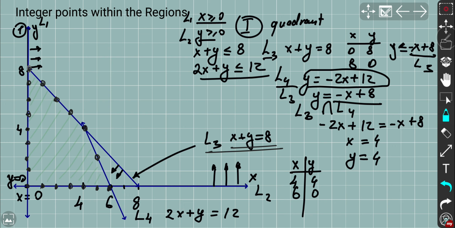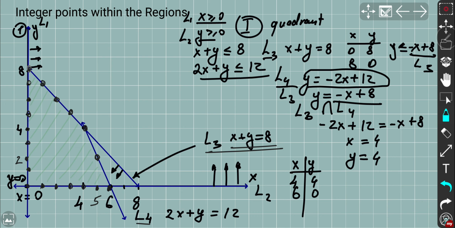You can check whether this point adheres to line 4 or not. You can simply plug in x equals 5 and you should get y equals 2. So let's do it. Yeah, if you plug in, y is equal to 2, so that means it works. That's why that's going to be an integer point.